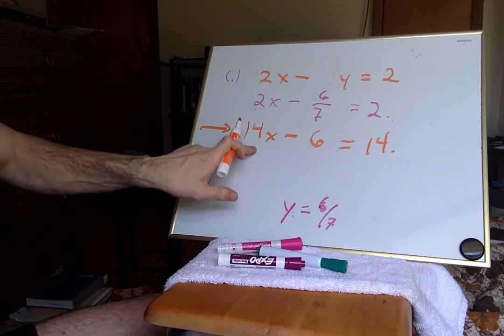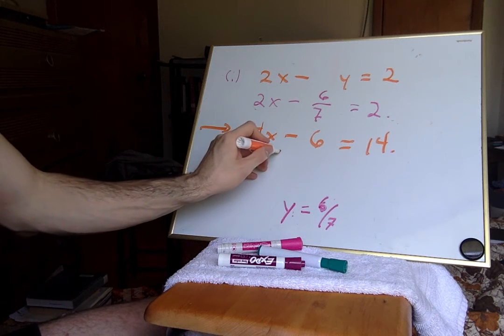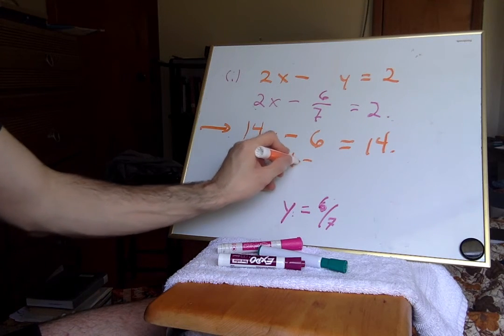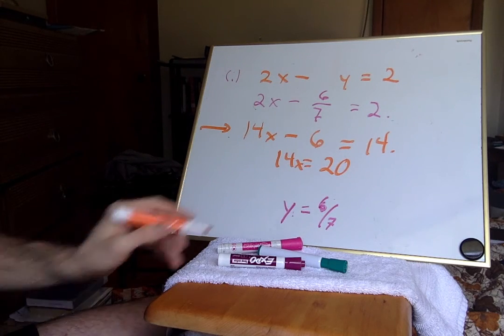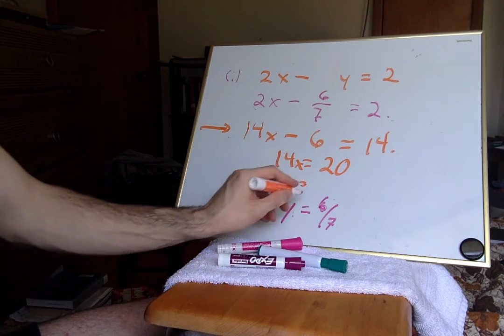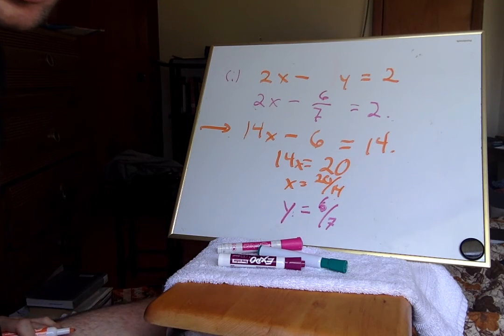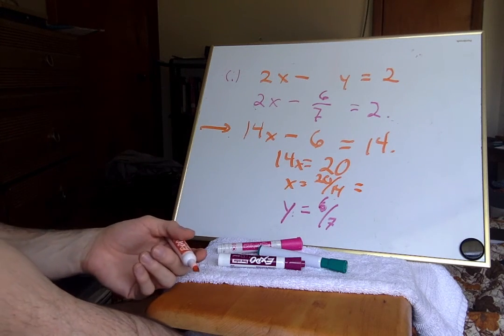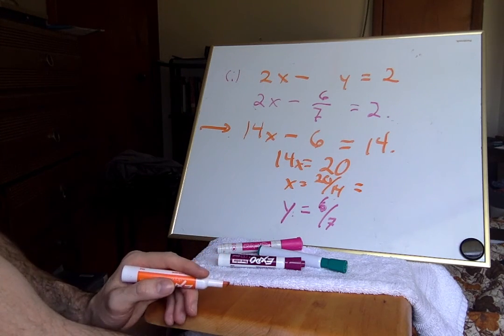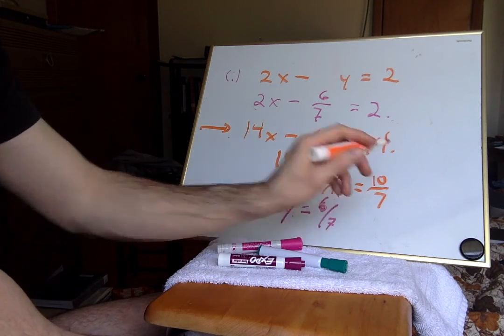Okay, so let's solve for x. If I add 6 to both sides, I get 20, and so x equals 20 divided by 14. I can simplify that: divide the top by 2 and I get 10, divide the bottom by 2 and I get 7.